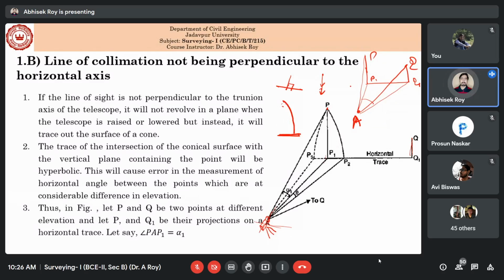So whenever this angle is not 90 degree, that means if you see line of collimation and this angle is 89 degree or something minute, and you are going down, you will follow this kind of path instead of this one. Okay, is it clear, this part?